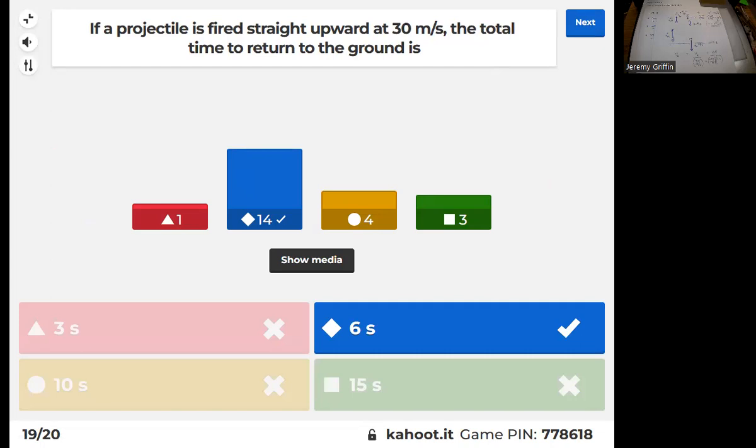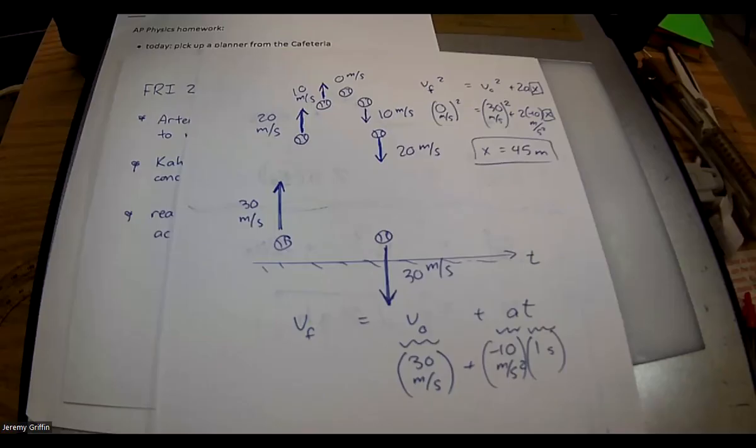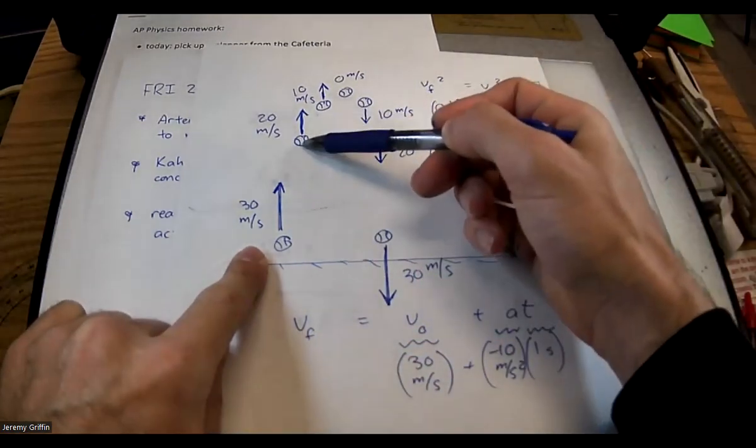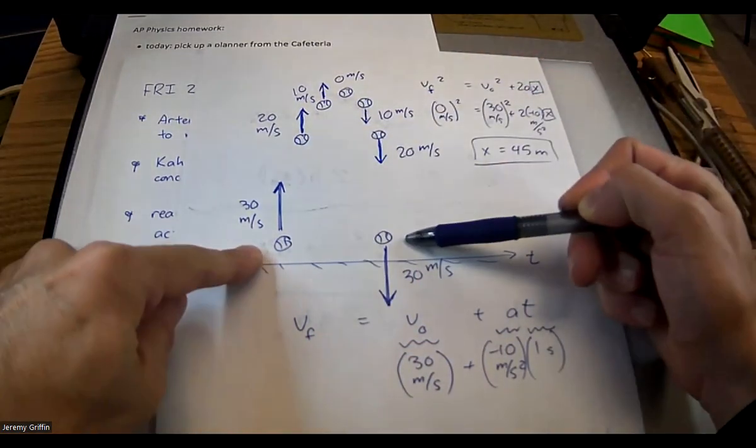Right, let me show you guys a couple perspectives of why the answer is 6 seconds. Hey, we did this earlier. Throw it up at 30 meters per second. Tick, tick, tick, tick, tick, tick. You guys see 6 seconds?